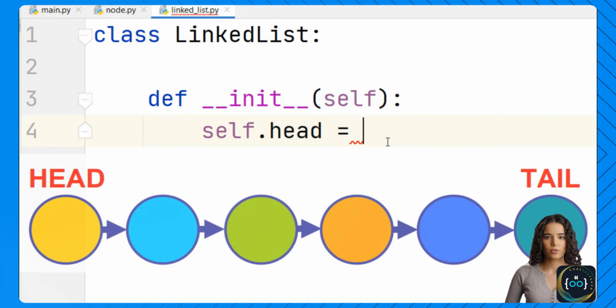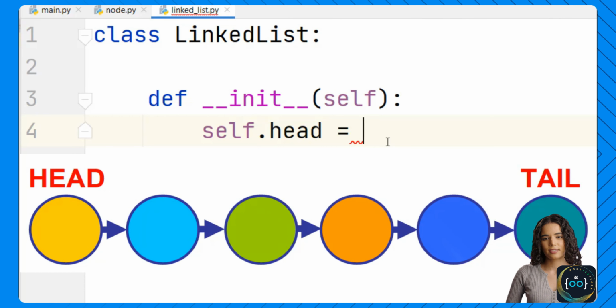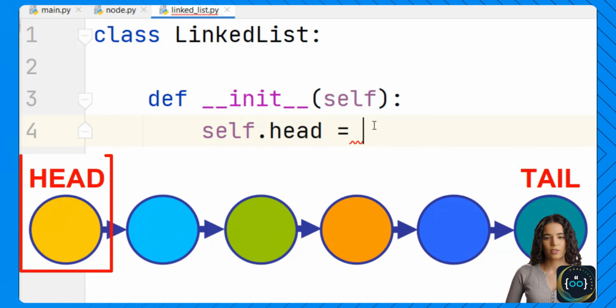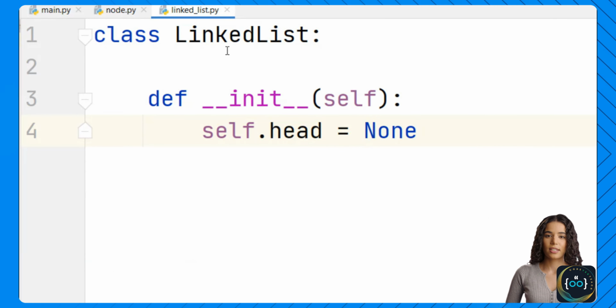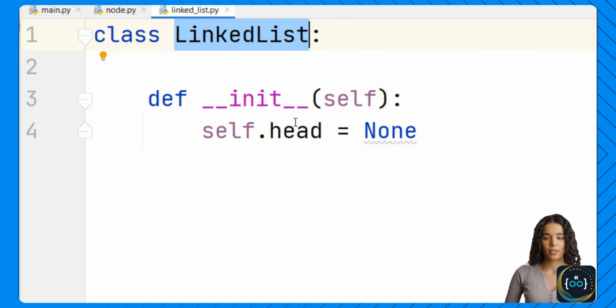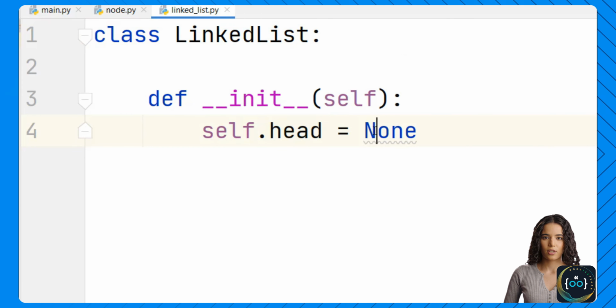Remember that we talked about the head and the tail. Well, there are certain implementations that keep a reference to the head node and to the tail node. In this project, we are going to keep a reference to the head node only, and we will use that as the starting point for all the different operations that we are going to implement. Initially, when we create a linked list, that head node will be the value None.